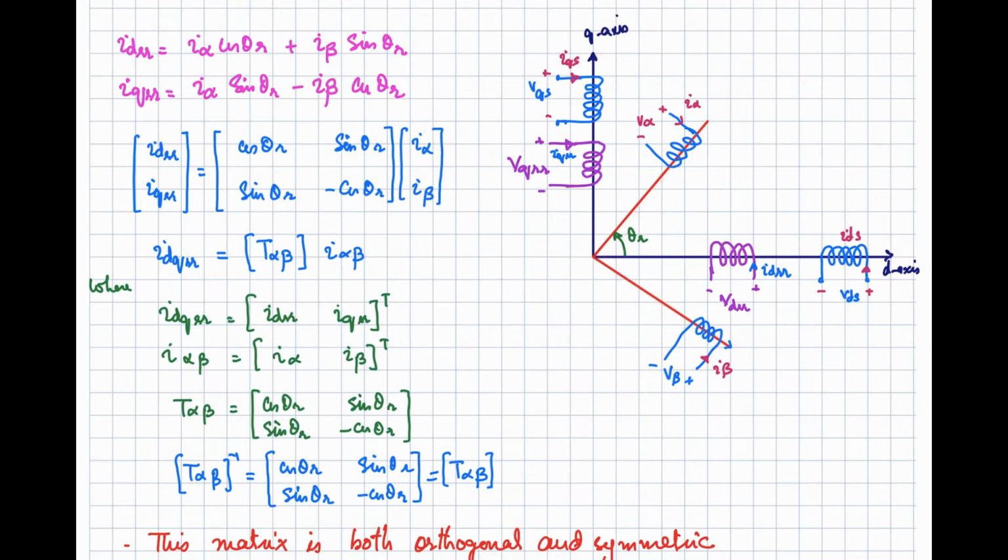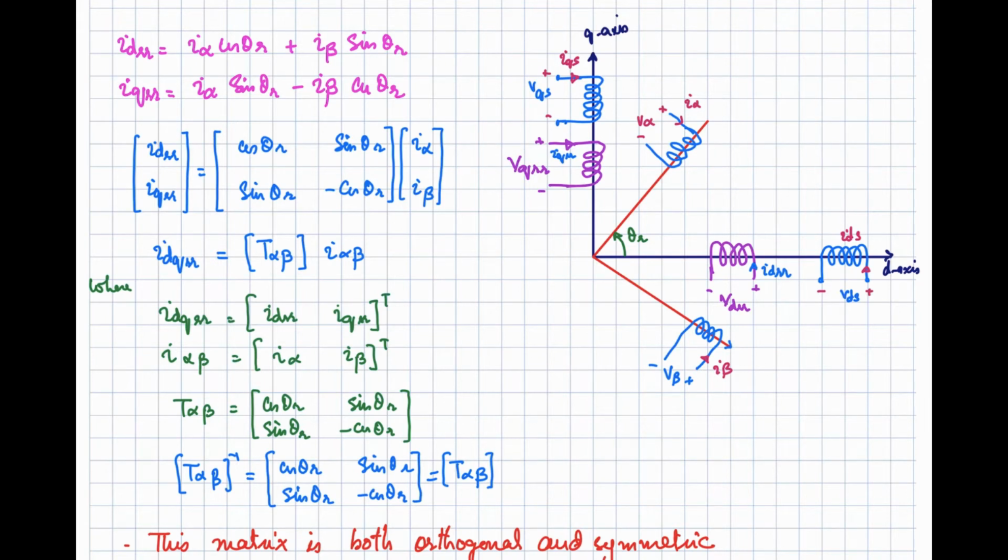So as the rotor is varying, the flux linkage between alpha and D is varying. The flux linkage between alpha and Q is varying. The flux linkage between Q and the alpha axis is varying, and the flux linkage between Q and the beta axis is varying. That is the flux linkage between stator and rotor. Those are varying as your rotor is rotating.